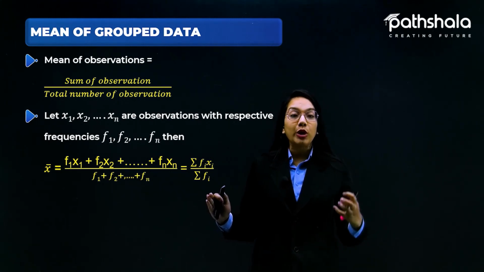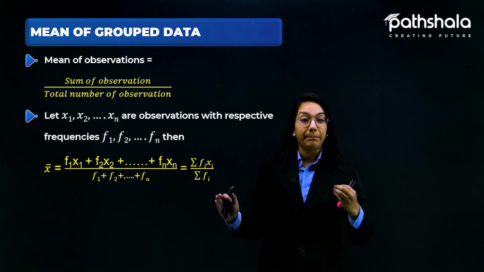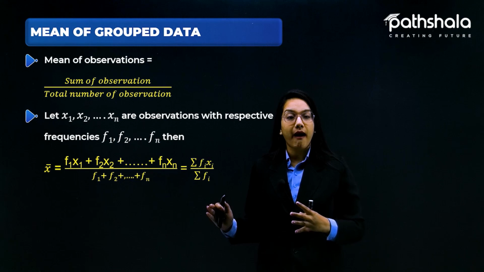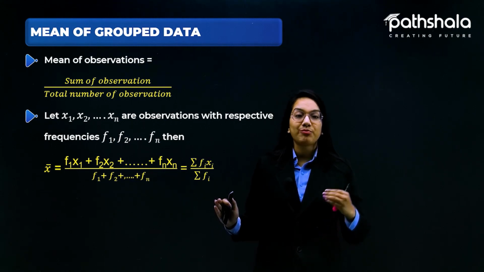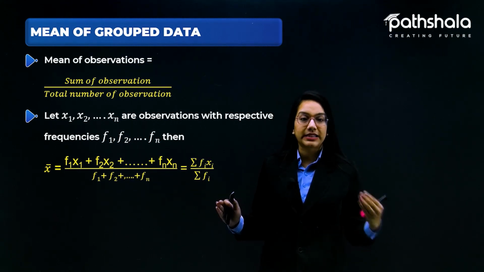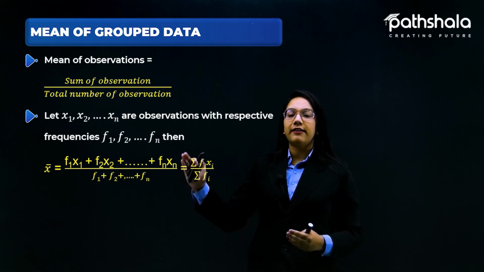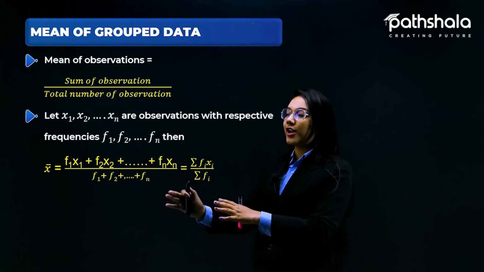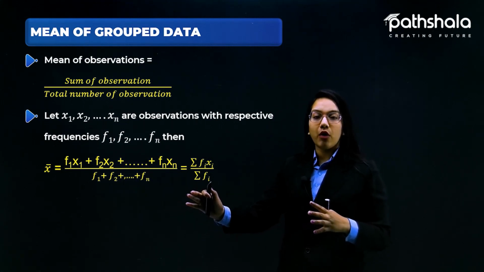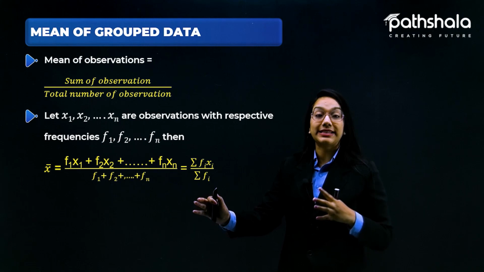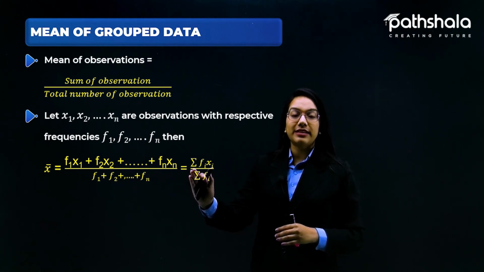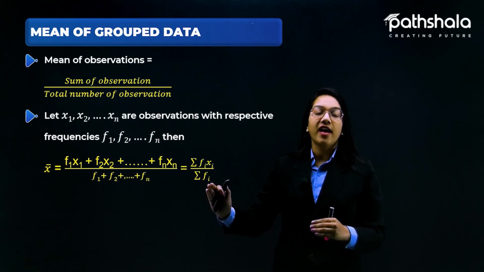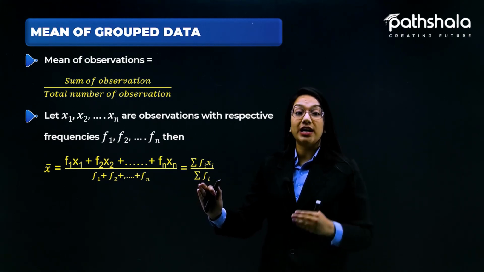So the formula for the mean of the grouped data is x bar equal to f1 x1 plus f2 x2 plus f3 x3 and so on up to fn xn, divided by f1 plus f2 plus f3 and so on up to fn, which we can represent with the Greek symbol sigma: sigma fi xi divided by sigma fi, where sigma denotes a sum.